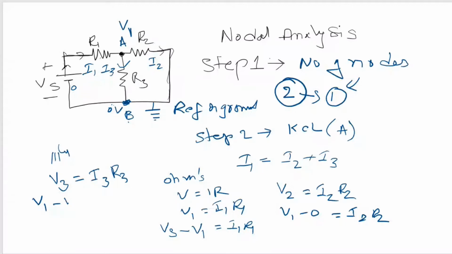Now, what is I1 from this equation? Substitute Vs minus V1 by R1 here, I2 from this equation, and I3 from this equation. So Vs minus V1 by R1 is equal to V1 minus 0 divided by R2 plus V1 minus 0 divided by R3.